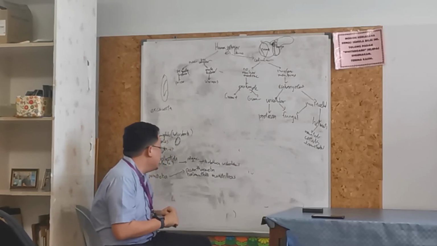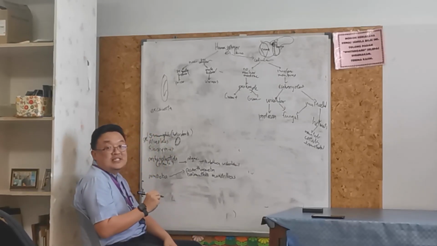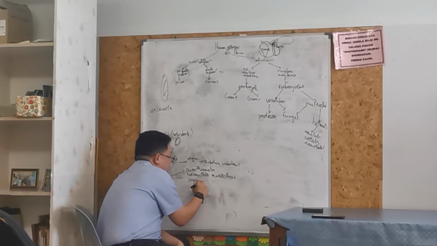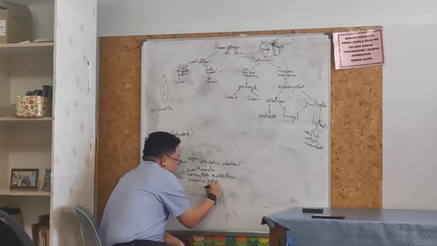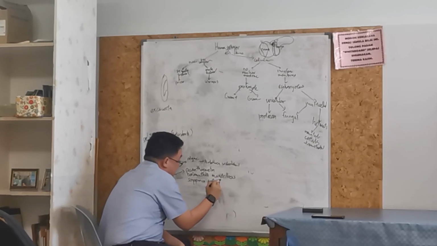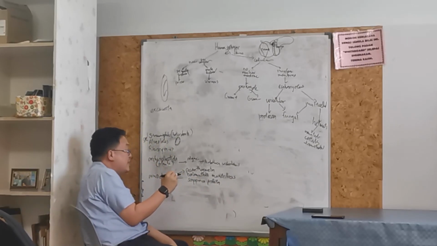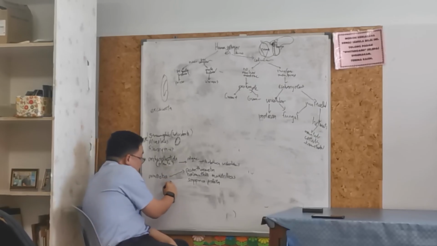Okay, Balamuthia. What else? There's Sappinia pedata, and there's one more I can't remember now. These cause primary granulomatous amoebic encephalitis.